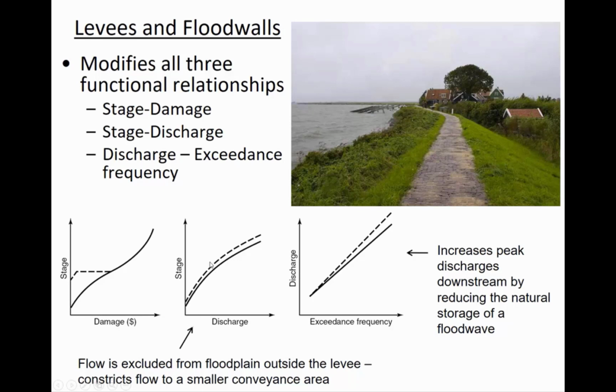Now, the thing that's interesting is that what a levee does is it makes the discharge versus stage curve a little bit worse than it would have been. This is saying for a certain flow rate, the depth is actually higher than if the levee hadn't been there, because you're confining the flow into a narrower area. A levee is essentially you're putting a wall on the side of a river.